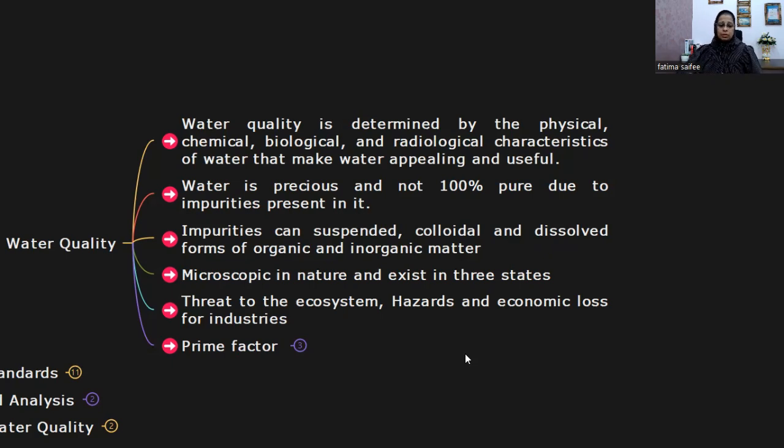So, hazards and economic loss for industries. Of course, there is a threat to the ecosystem, and hazard and economic loss for industries means that when the water quality is bad and industries use that water without treating it, they have to replace their equipment. The equipment will be damaged before its lifespan, because every equipment has a specific lifetime.